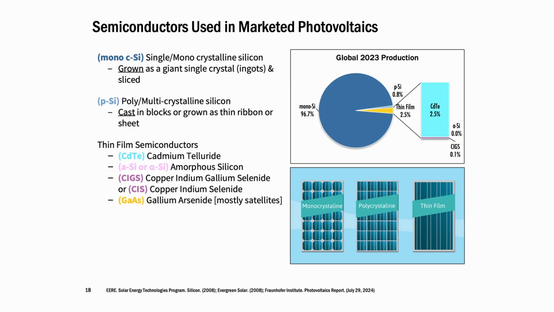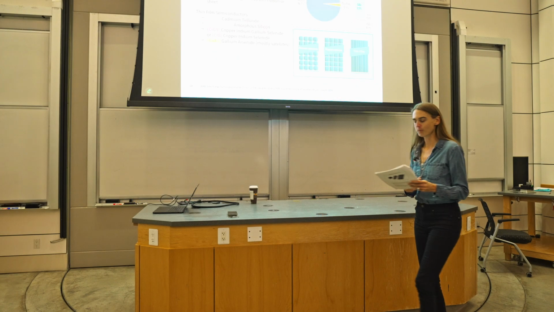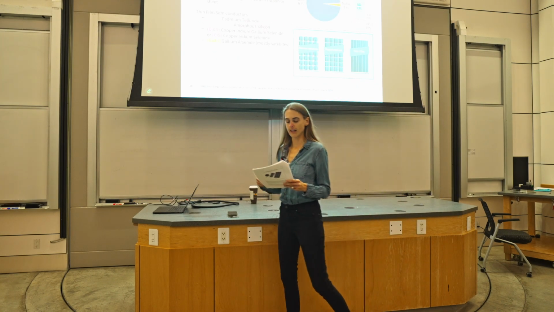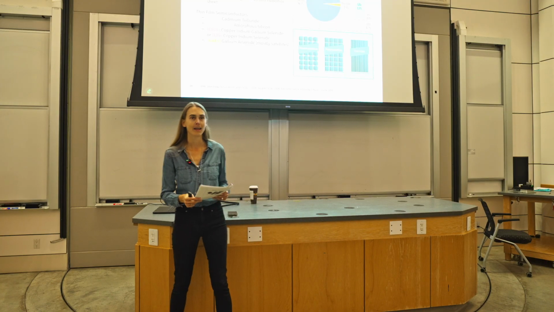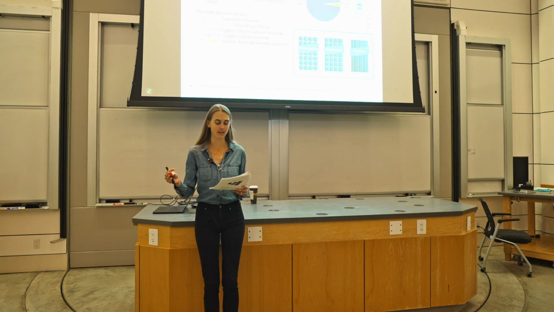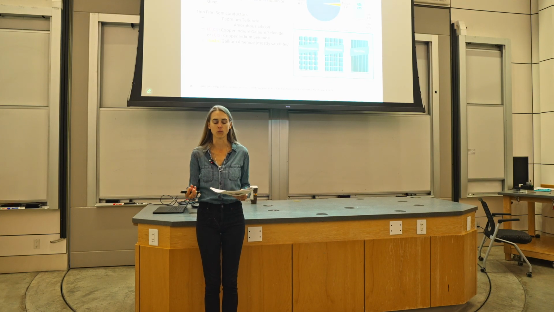So mono-Si is grown in a large single crystal called an ingot. And polycrystalline silicon, it has multiple crystals, obviously, as you can assume by the name, and it's made by casting silicon in blocks or grown as a thin ribbon. And mono-Si will have higher efficiencies than polycrystalline silicon because it's more pure crystal.